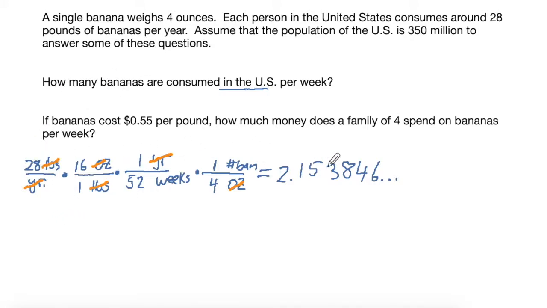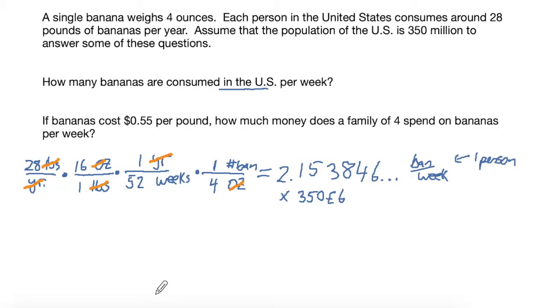Alright, so this is measurement bananas per week, but this is only one person. So to change it to all of the people, it's real easy. I just need to multiply this by 350 million. So again, I'm going to do the 350 E6, short notation for 350 million. And just multiply. So times 350 E6.